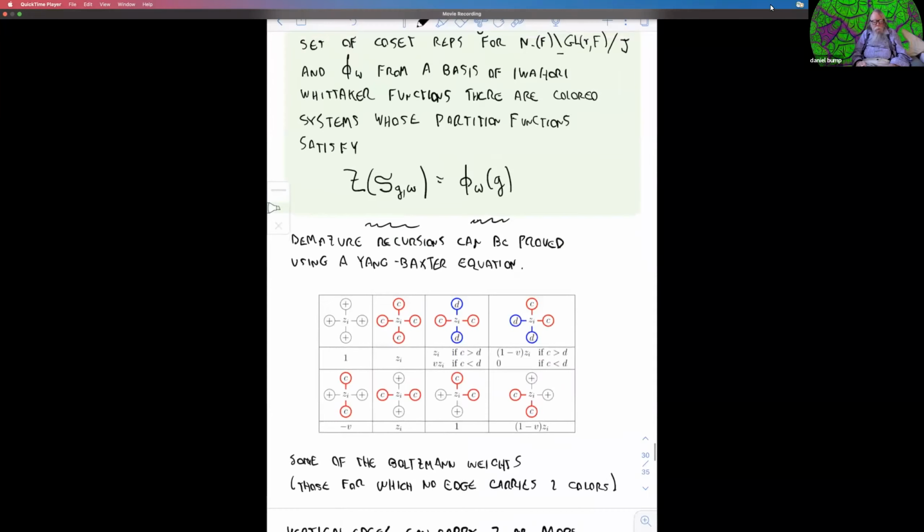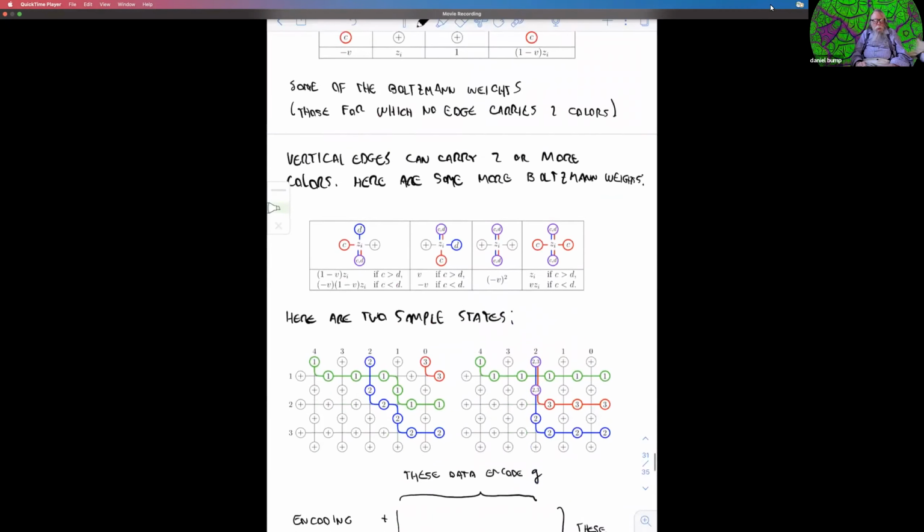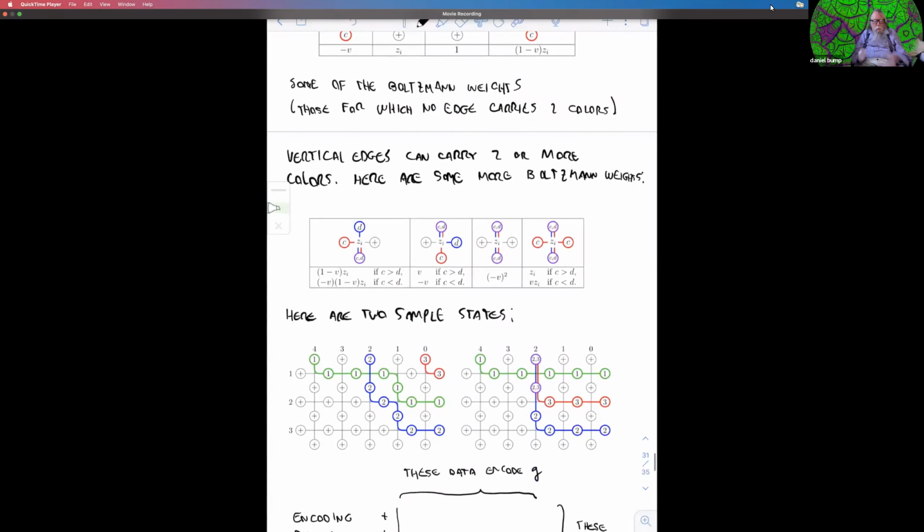These are the ones in which there are no edges that carry more than one color, but we actually allow edges to carry 2 colors, and in fact, they can carry as many colors as you want, but they can never carry a color with multiplicity greater than 1. So these models are fermionic.